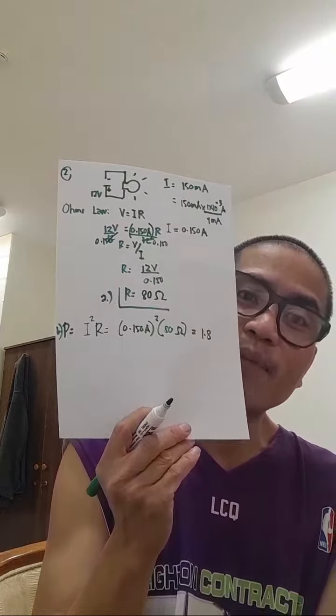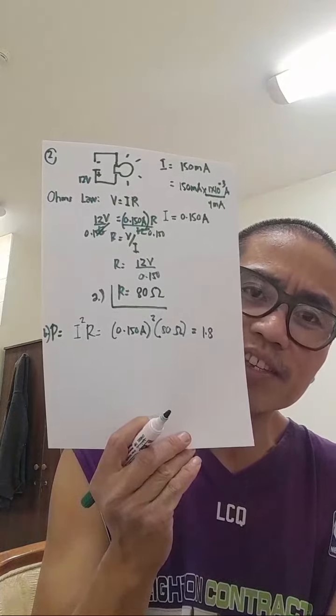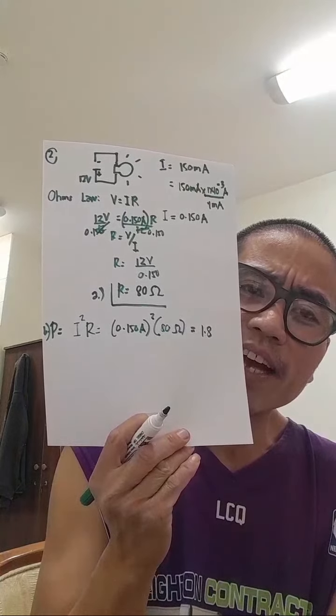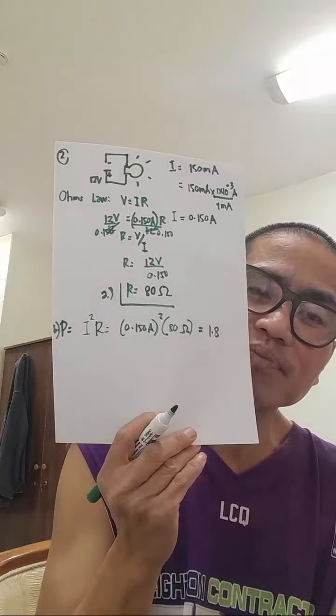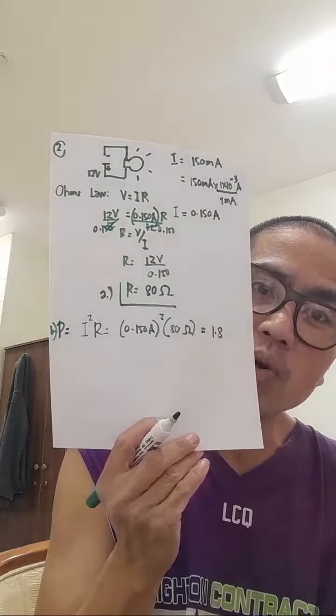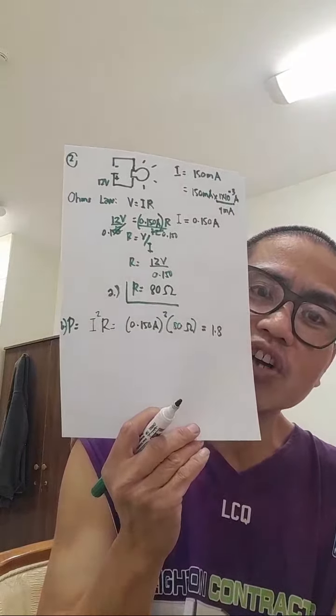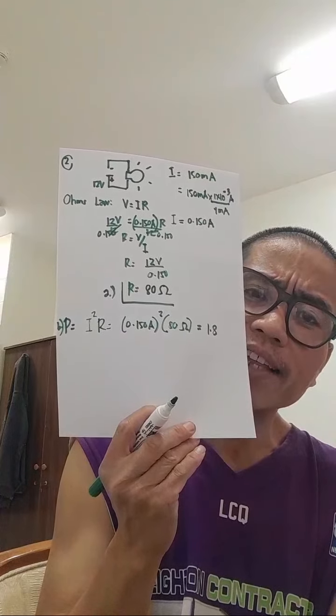We don't have to dig into it, because an electrical problem is just like this: your power will automatically be in watts as long as you use the standard units in the problem. For example, for voltage, volt. For electric charge, coulomb. For resistance, ohms, something like that.